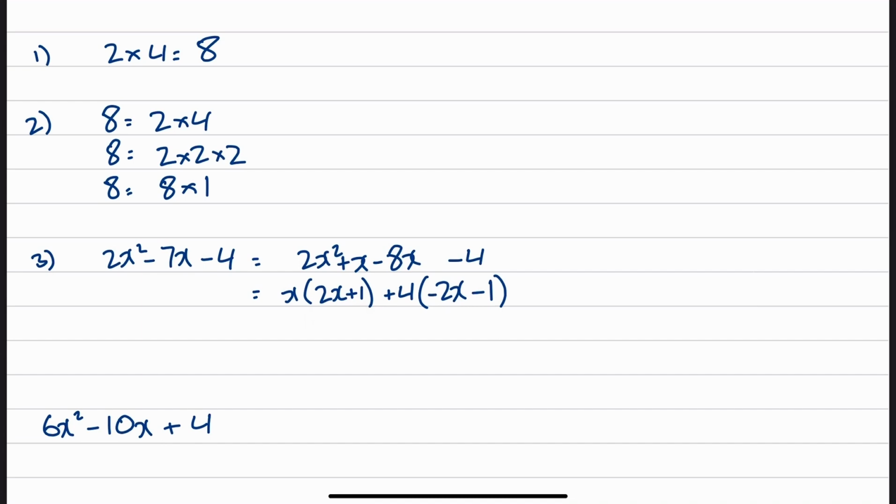So I need to make sure that the bracket I get is such that I'm able to factorize it out again. So we take minus 4 as the common term and we're left with 2x plus 1 inside the bracket, and now we can factor out this bracket as whole. So 2x plus 1 and we're left with x minus 4, and we've broken the middle term successfully.